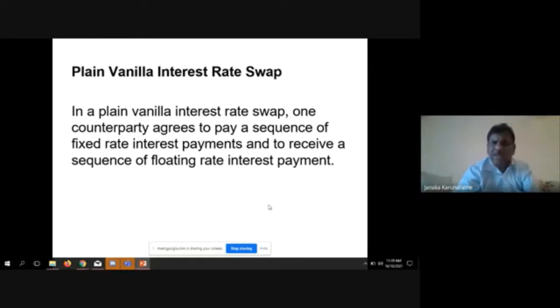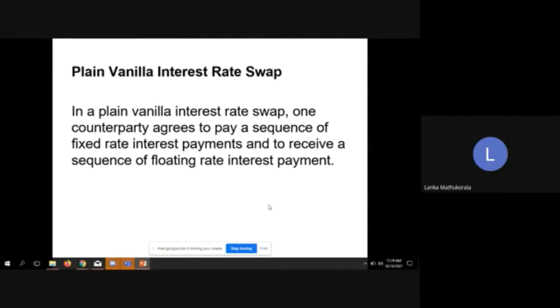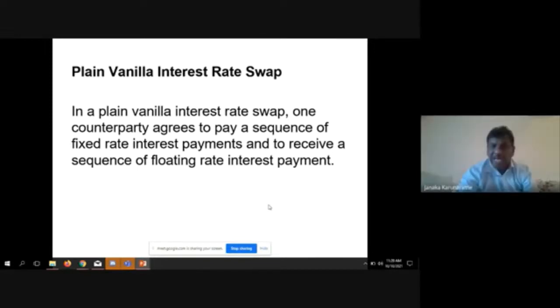Most of the time, when the interest rate is increasing, in that scenario, banks offer floating rate.